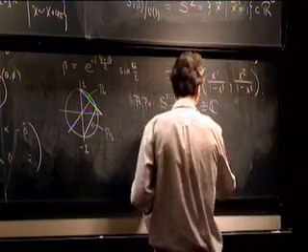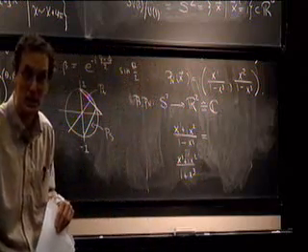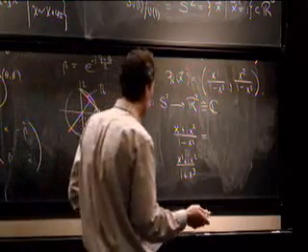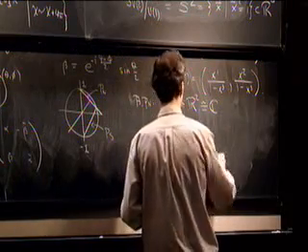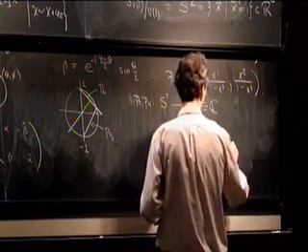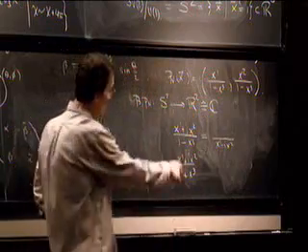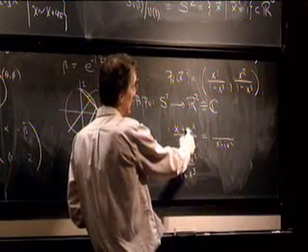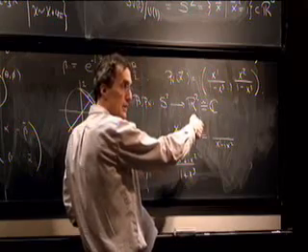Let me point something out. Remember, the sum of the squares of the x's is equal to 1, right? So if I multiply and divide by x1 minus i x2, then in the numerator I get 1 plus x1 squared plus x2 squared, which is 1 minus x3 squared.